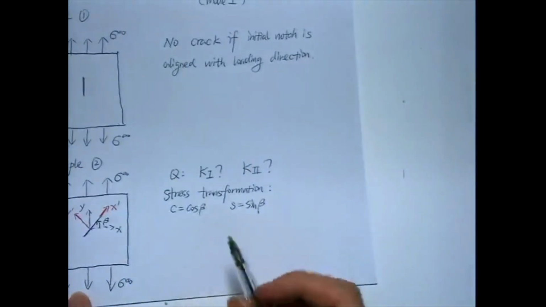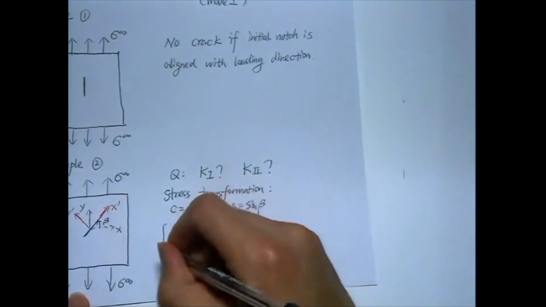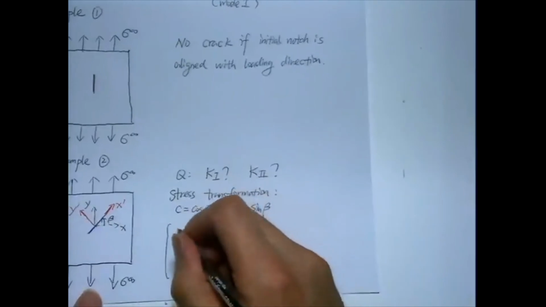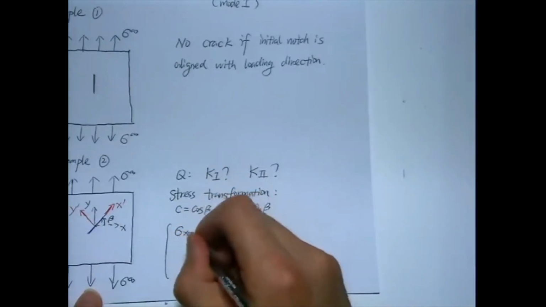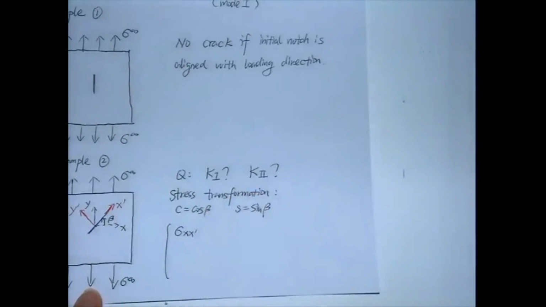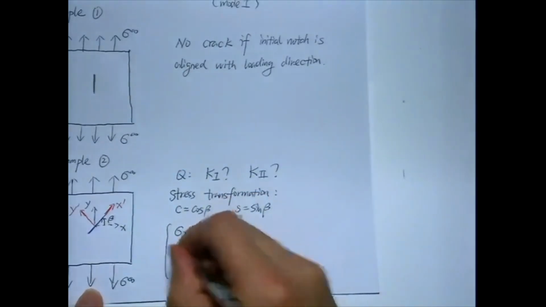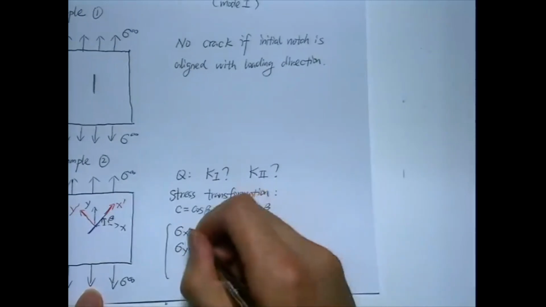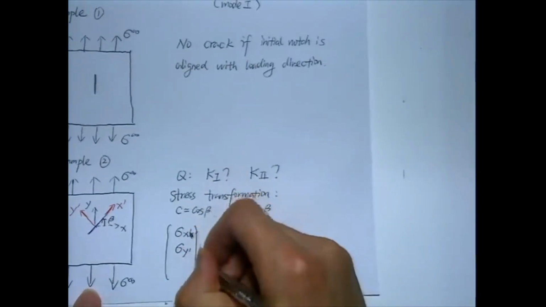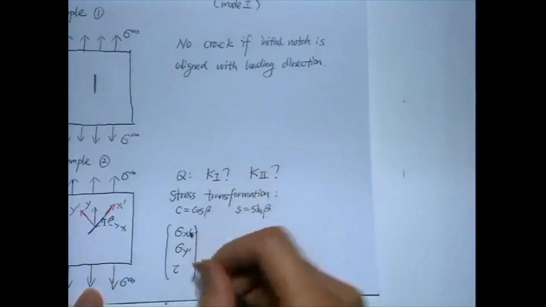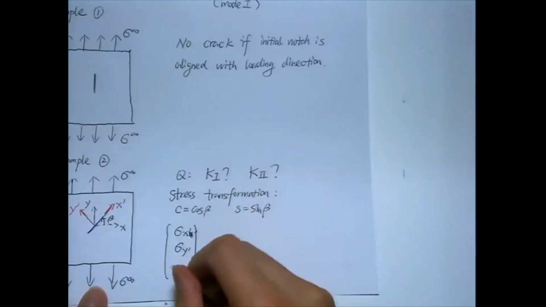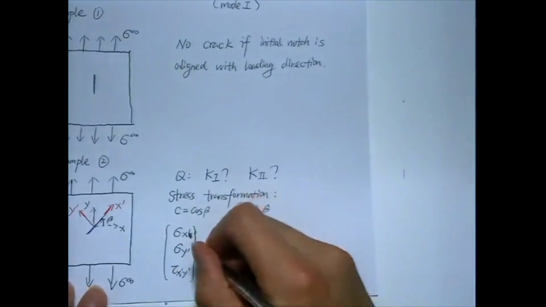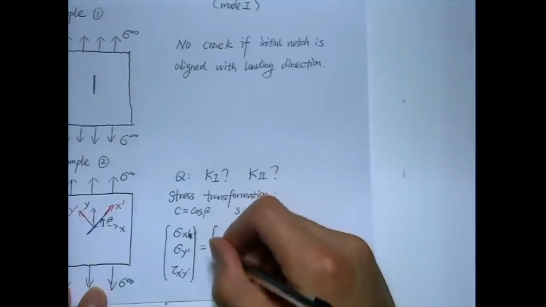Now I want to calculate the stress component in that rotated coordinate system, sigma x, sigma y. In a vector form, you can just simplify that. You don't need to write 2x. And shear stress, xy, y prime, equal to a matrix.